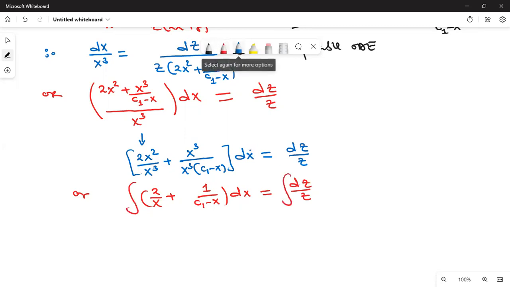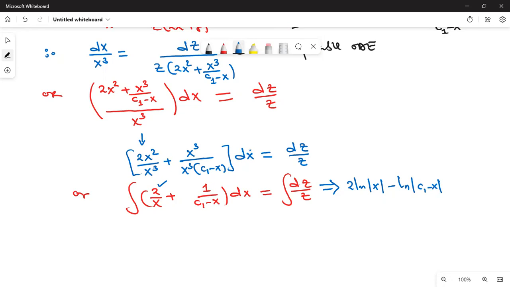So what are we going to get upon integration? The first one, 2 over x, when you integrate with respect to x, you'll get 2 ln x. Plus, when you integrate 1 over c1 minus x, remember c1 is a constant, it will give you negative ln of c1 minus x.